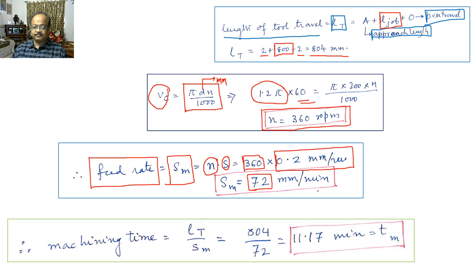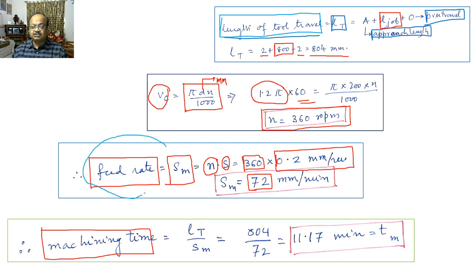Now let us calculate the machining time. Machining time thus would be the total length of the tool travel divided by the speed with which the tool is traveling. So LT by SM, and that comes out to be 11.18.